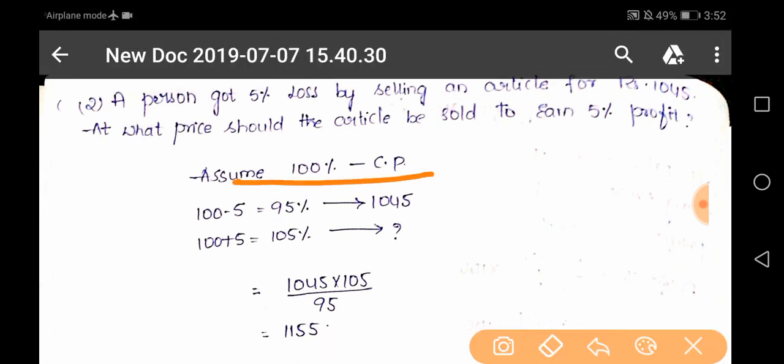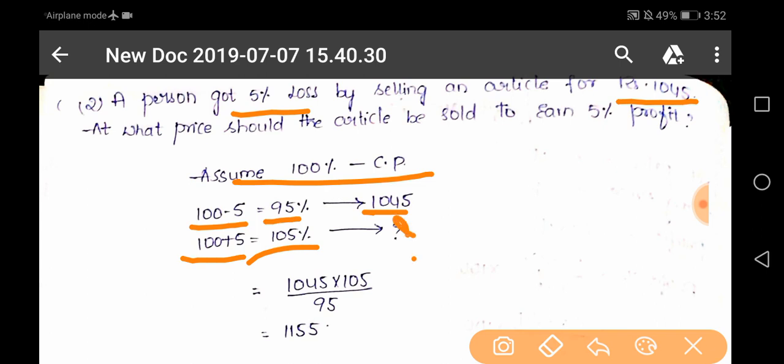So selling price, just consider 100%. So what he got, 5% loss, right? 100 minus 5 is 95%. That is how much he sold at, 1045. So again, what he asked in the question is to earn 5% profit. That is 100 plus 5 is 105%, right? Because he wants to get 5% profit.